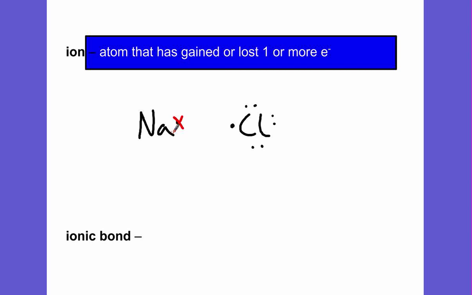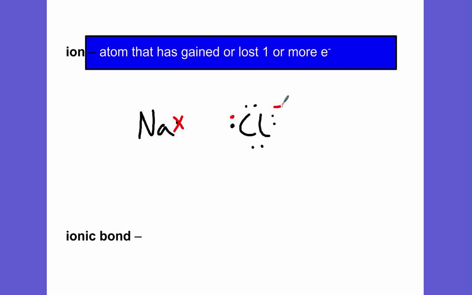It wants to lose that single electron it has in its outermost shell, because then you can go to an inner shell that's actually full and it's going to be more stable. Whereas chlorine is going to want to gain that electron lost by sodium, because now it has 8 valence electrons and it's happy, it's full, right? So they want to get that octet rule so that they can be stable, so that they can be happy.